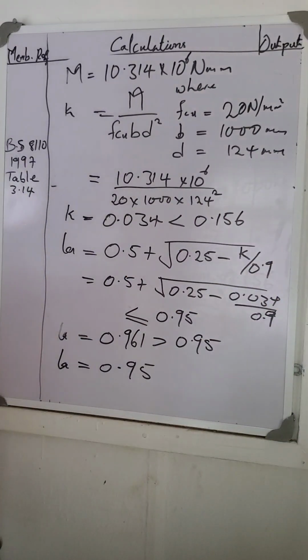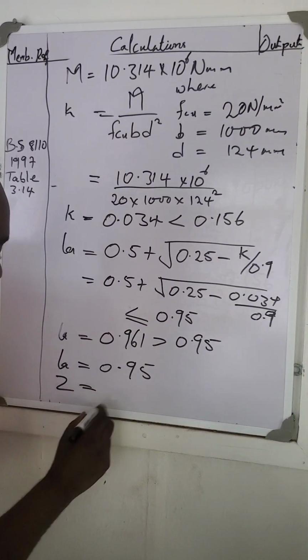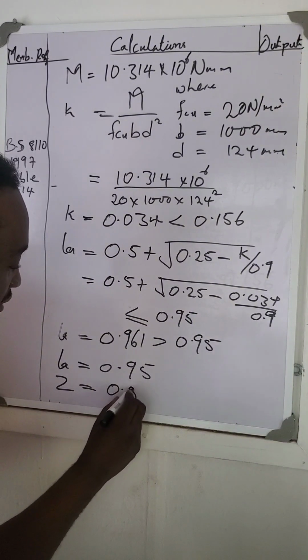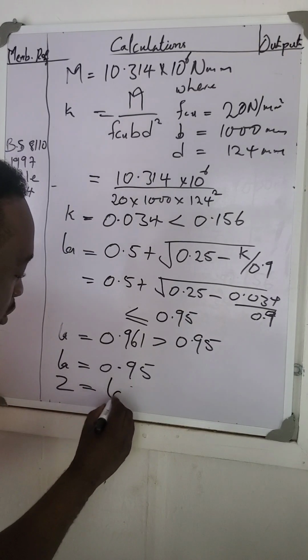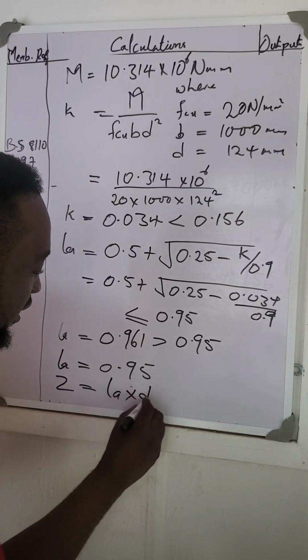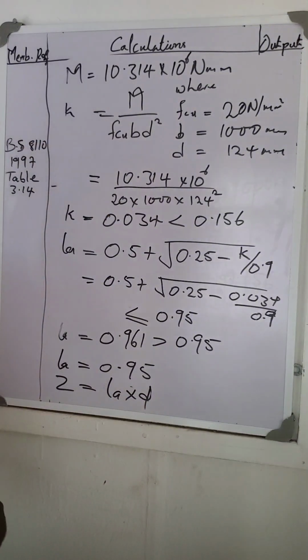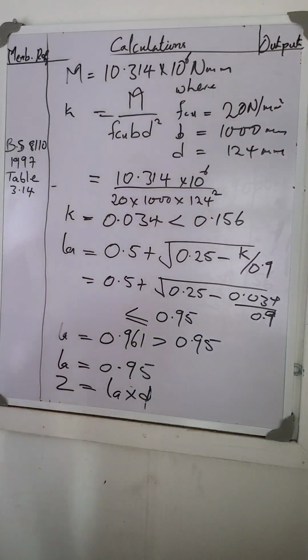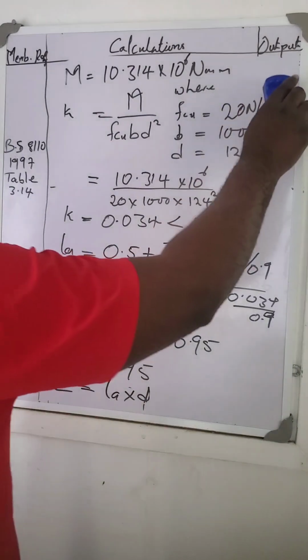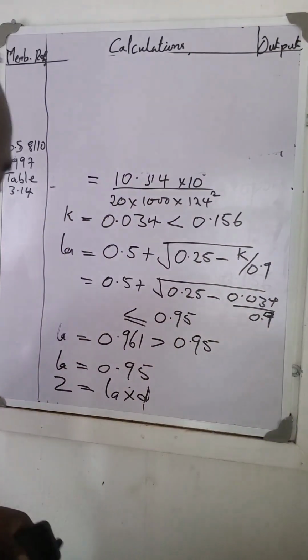Okay, now we'll also calculate the value of Z. You know that Z is equal to LA multiplied by our D, which is 124. So we have gotten our LA as 0.95, then multiply by D. It's time consuming.